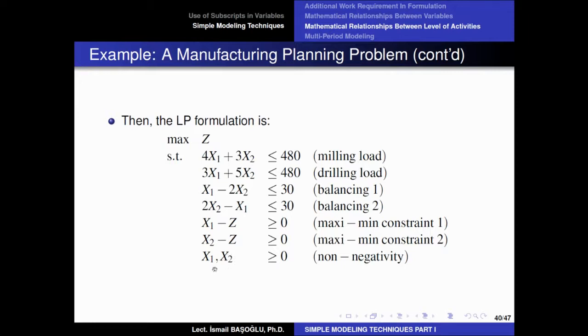And also, it would be convenient if you put z itself as a decision variable in the non-negativity constraint.